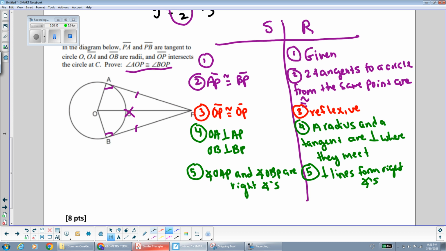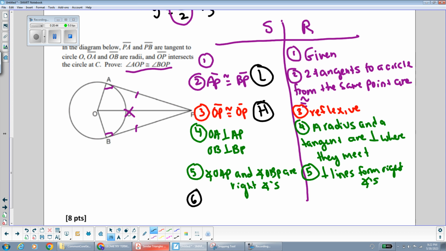Now, I know I'm going to use HL. I don't necessarily need to say that the right angles are congruent because congruent angles is not part of HL. For HL, you need right triangles, congruent hypotenuses, which we already proved here, and a congruent pair of legs, which we proved over here.